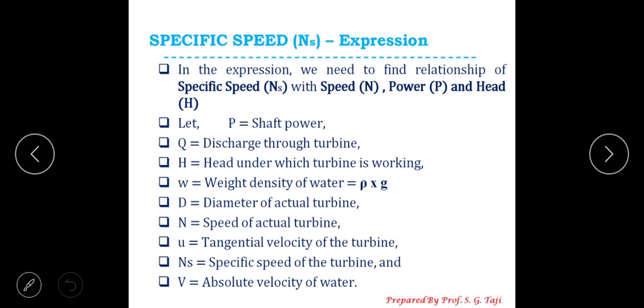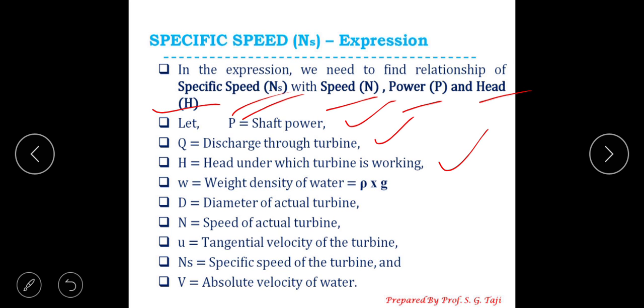In the expression, we need to find the relationship of specific speed Ns with speed N, power P and head H. Let P be the shaft power. Let capital Q be the discharge through the turbine in meter cube per second. H is the head under which a turbine is working, that means net head.